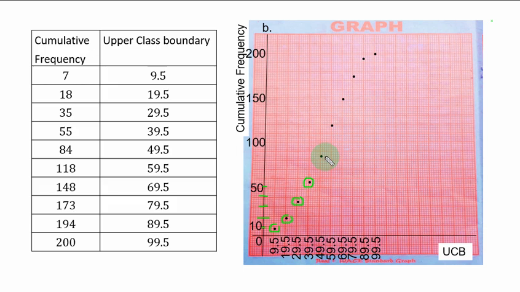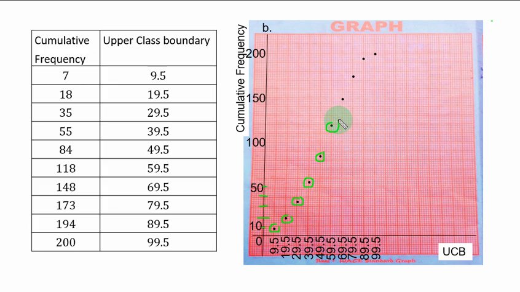The next one there is 84. The next frequency is 84, and 84 is here. 84 can be traced. The next frequency is 118. That is close to 120, against 59.5.